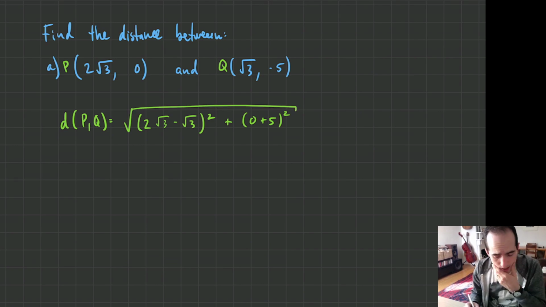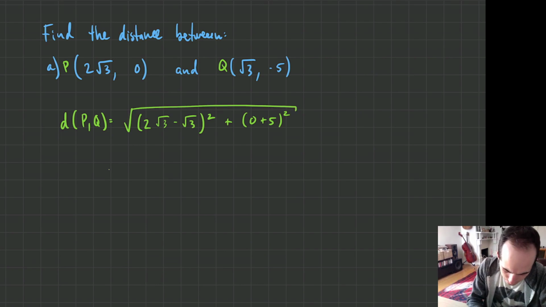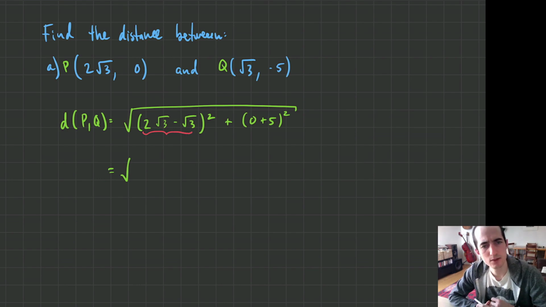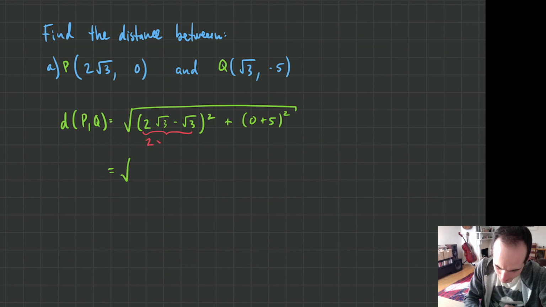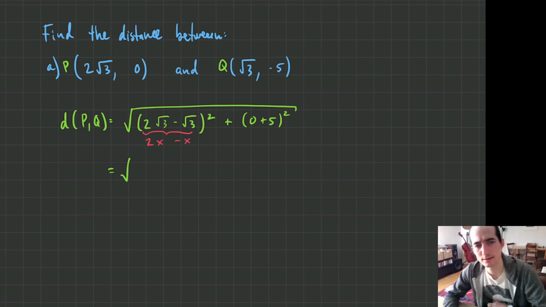Okay, now let's get to work. So now I've got, let's think about what this is. So this is 2 times the square root of 3 minus the square root of 3. You can kind of think of that as like 2x minus x, right? And when you think of it like that, it's kind of obvious what this is. If I have 2 x's and then I subtract 1x, I've got just 1x left over, right?